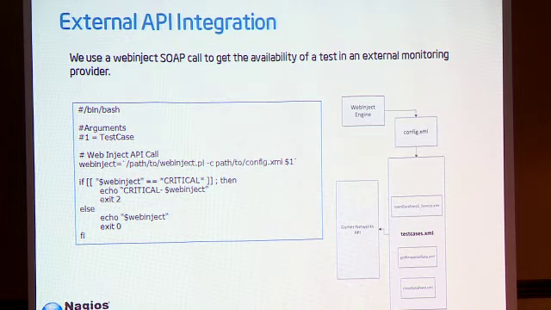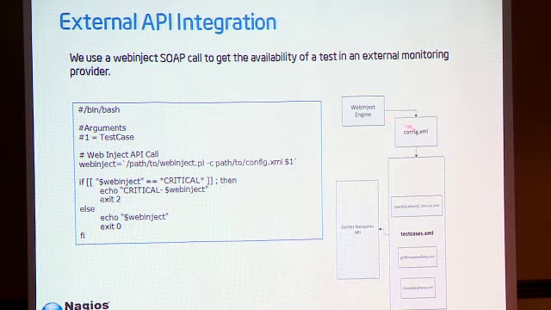How can we integrate external monitoring solutions, for example Pingdom or CompuWare? Well, both of those and others have some kind of API. So with WebInject, what you can do is just hit the API and ask for the test result for some time.